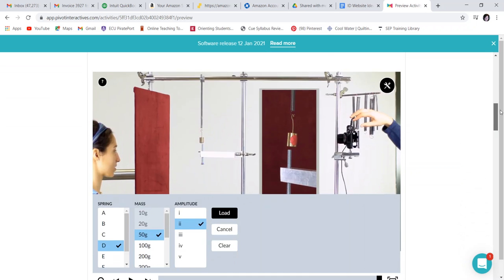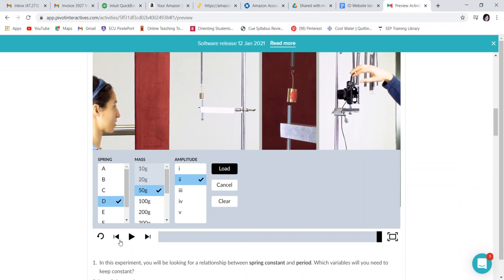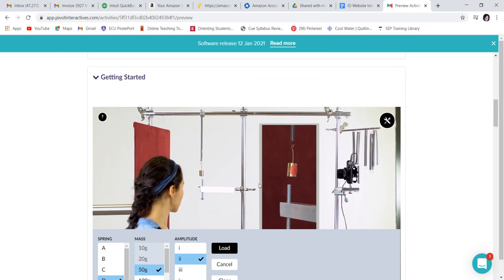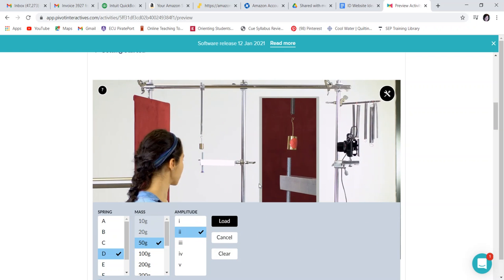What you're going to do is look at various springs and measure the period of them.